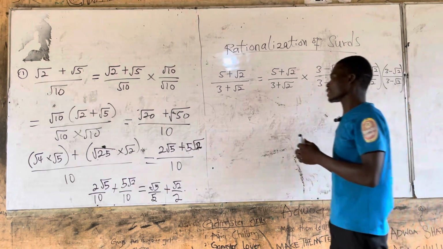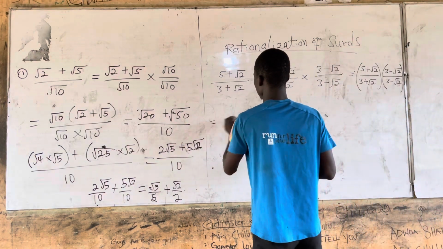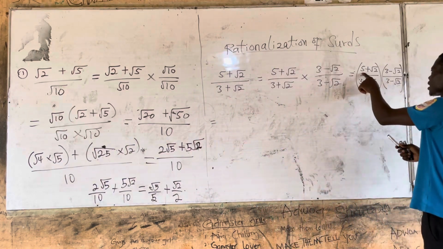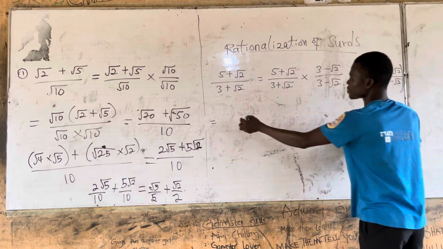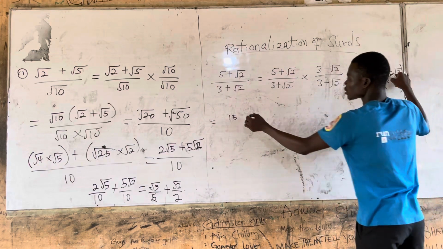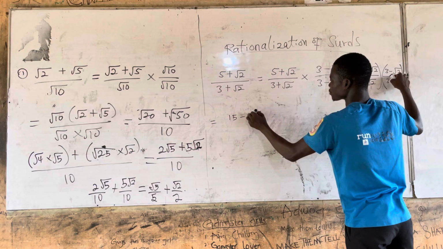And we are going to get 5 times 3 is 15. 5 times minus root 2 is minus 5 root 2.